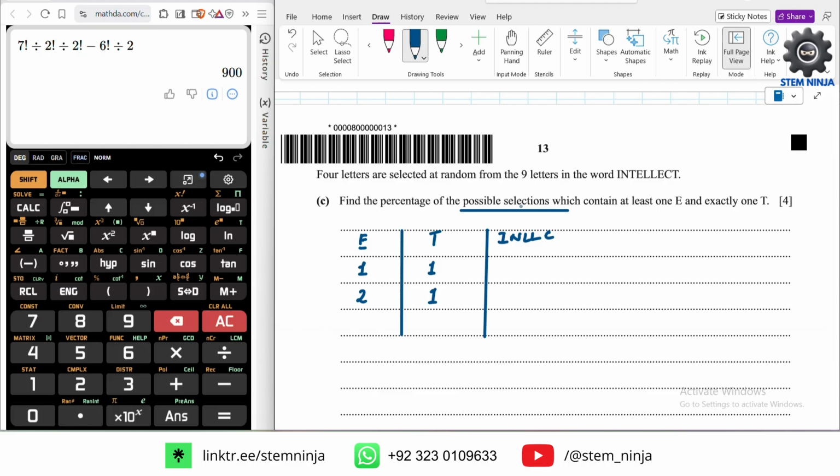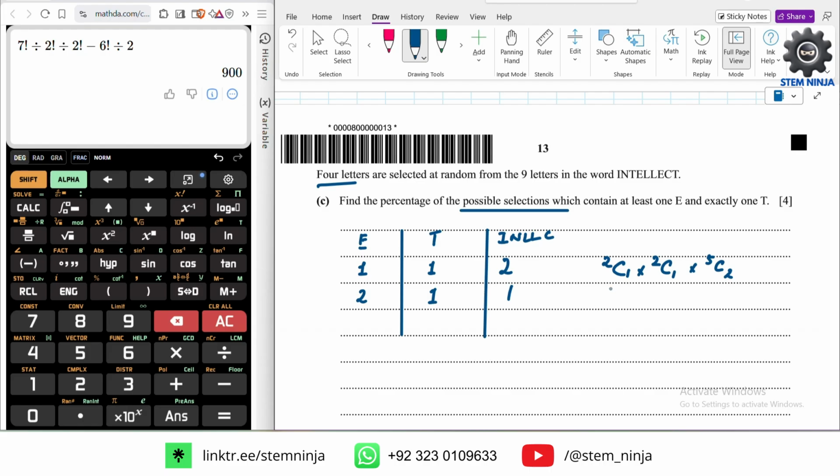So we are selecting 4, right? So that means 2 from these, and in this case 1 from these. So let's make that. So there are 2 E's, 2C1 times by 2C1 for T and 5C2.